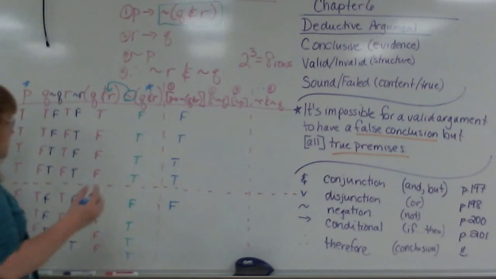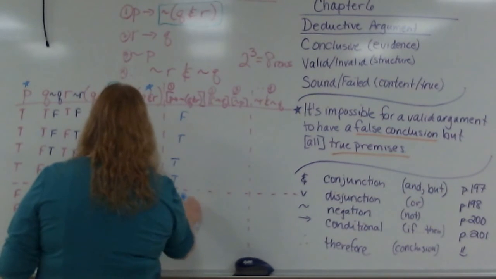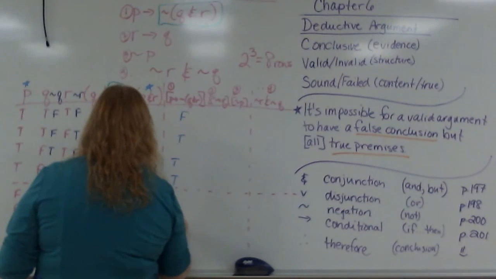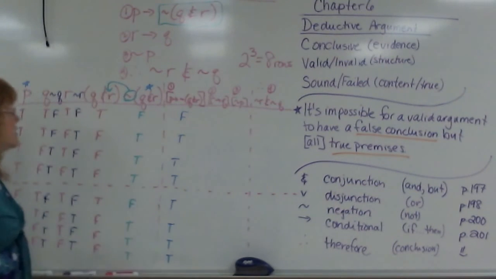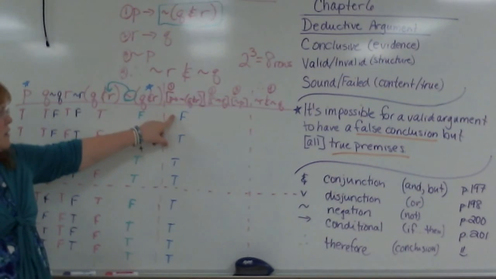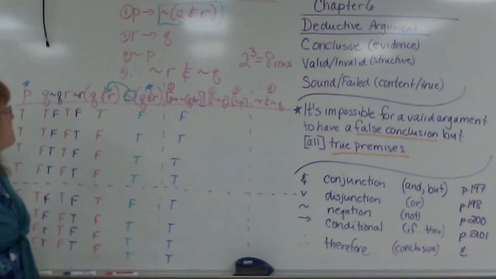I start with false here, so I can just label all the rest of these guys true. Okay, so in this line, my very first one is false. Everything else is true. Okay, hopefully that makes sense.